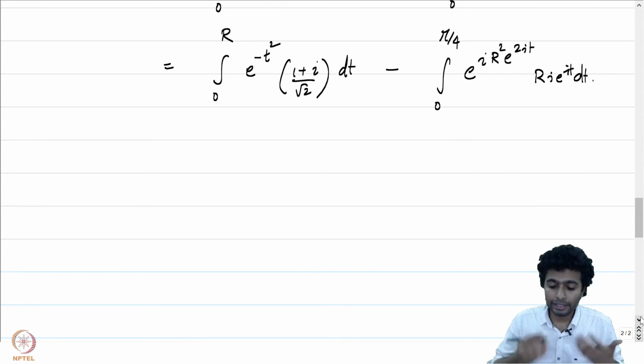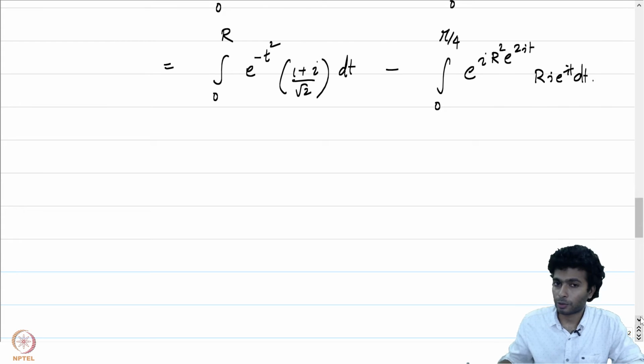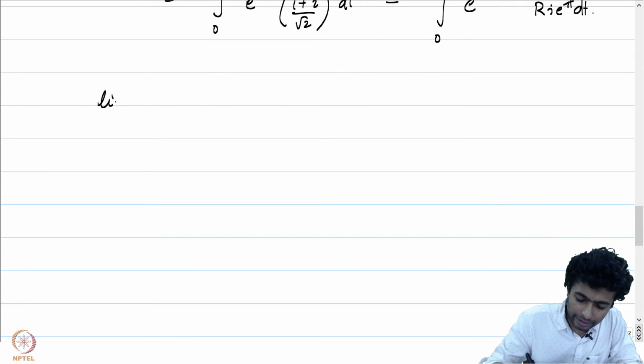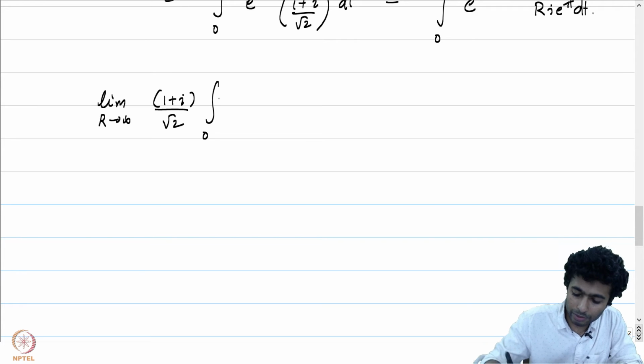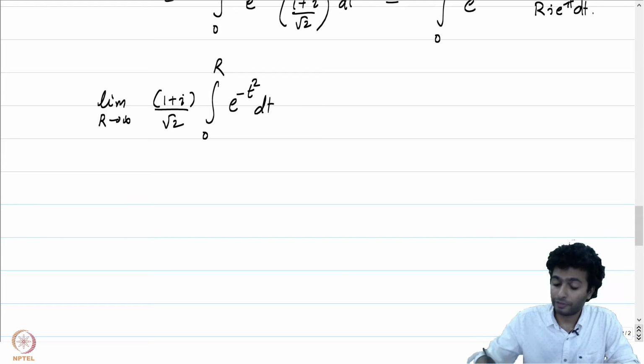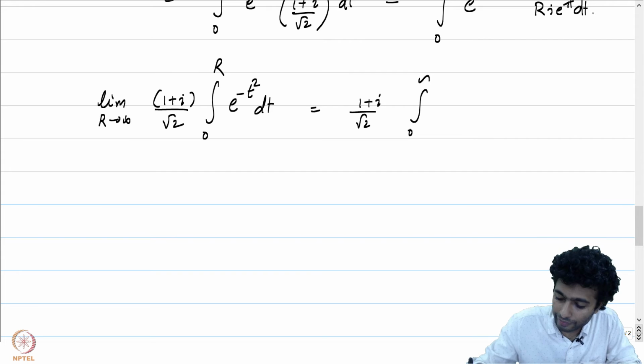Okay, now we are interested in the limit as r goes to infinity. So let's see what happens to each of these terms when r goes to infinity. The limit as r goes to infinity of 1 plus i by root 2 times the integral 0 to r of e to the power minus t square dt is going to be equal to 1 plus i by root 2 times the integral 0 to infinity of e to the power minus t square dt.